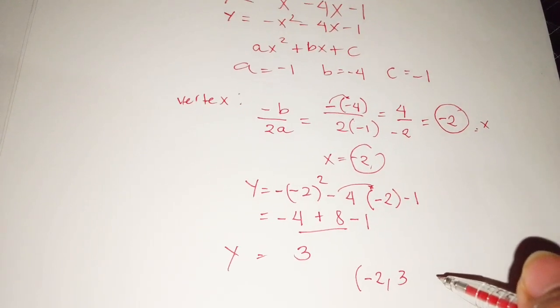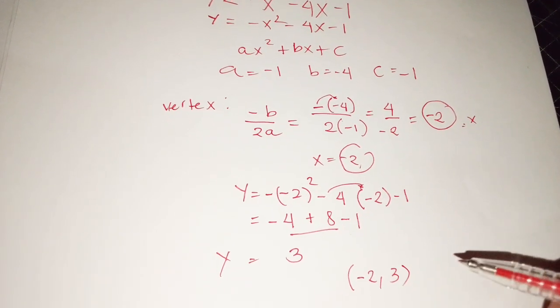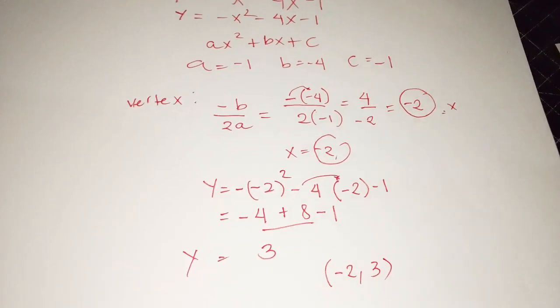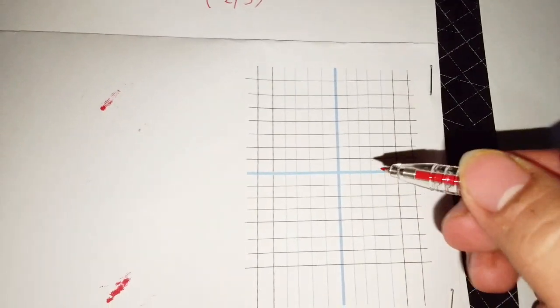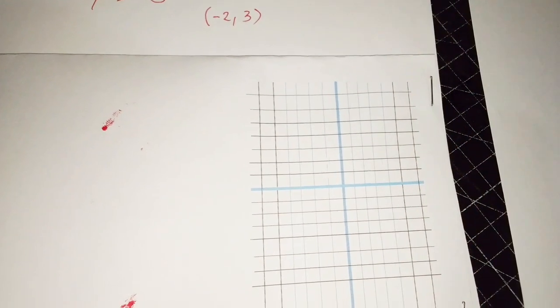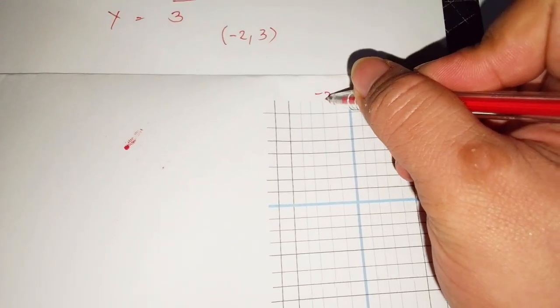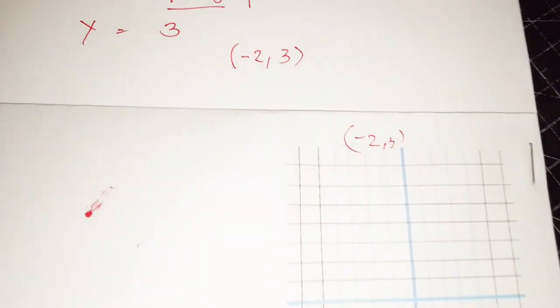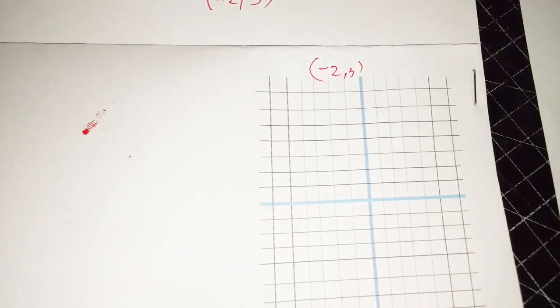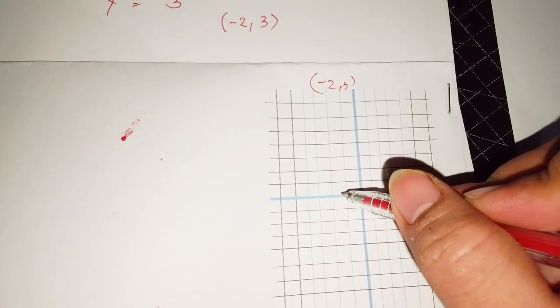This is the symmetry point when you want to plot it on the graph. You plot where this is located on the Cartesian plane, the negative 2 comma 3. Your x is negative 2 and your y is positive 3.